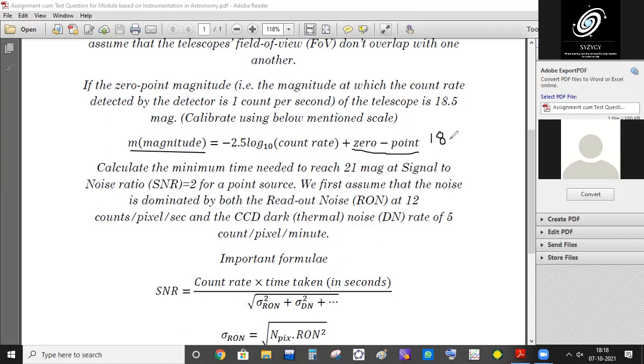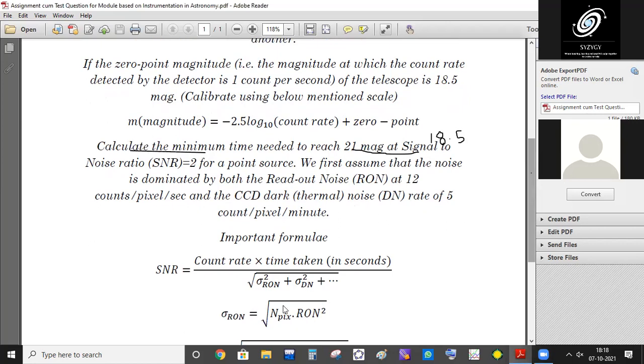Now, in order to calculate magnitude and count rate, we need these two terms, right? So let us read the question ahead.